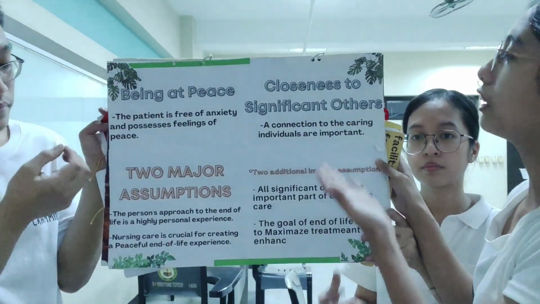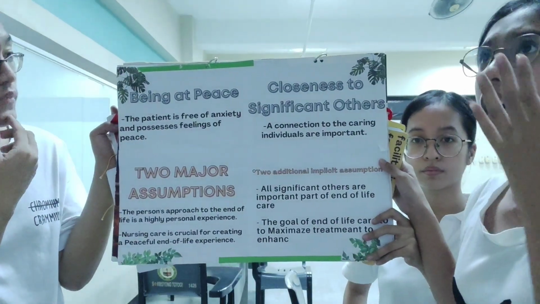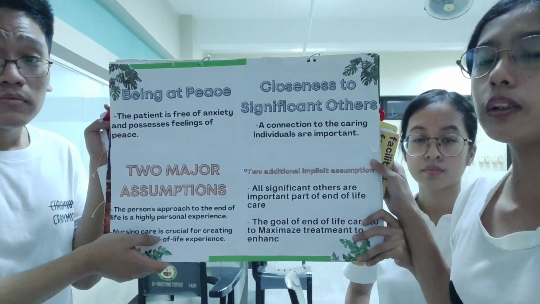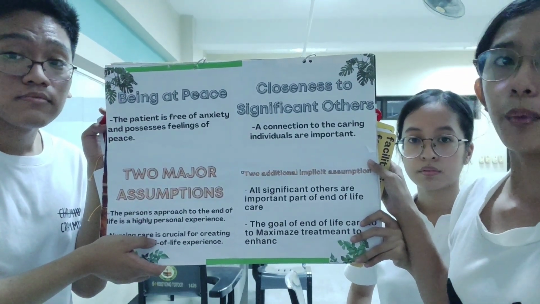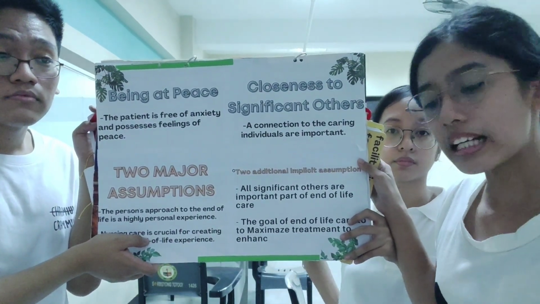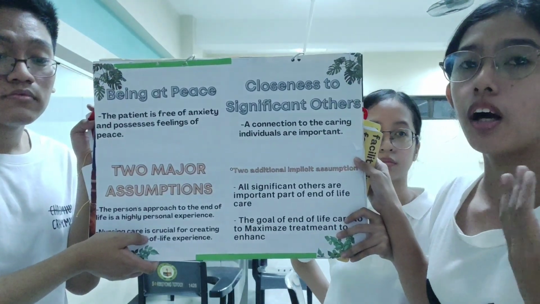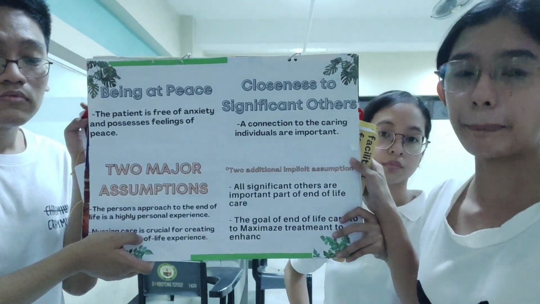The closeness to significant others is the last concept of this theory. According to Rutland and Moore, closeness is the connectedness to other human beings. To achieve this, it involves physical and emotional closeness to other human beings.